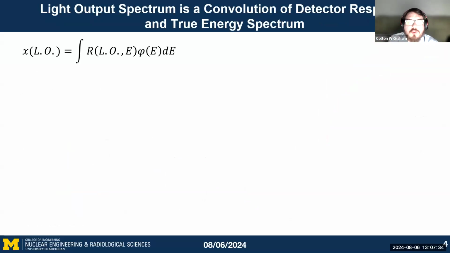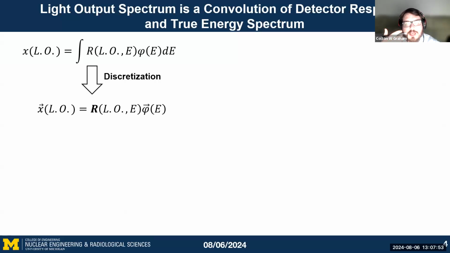The light output spectrum that you measure from any scintillator is a convolution of a detector response matrix and the true energy spectrum of the incident radiation flux, which is the thing that you're interested in knowing. Now, of course, when you do a measurement, you don't have this continuous convolution. Instead, the light output spectrum that you measure is a discrete histogram of counts, right?